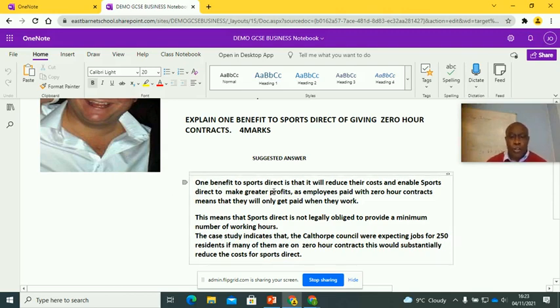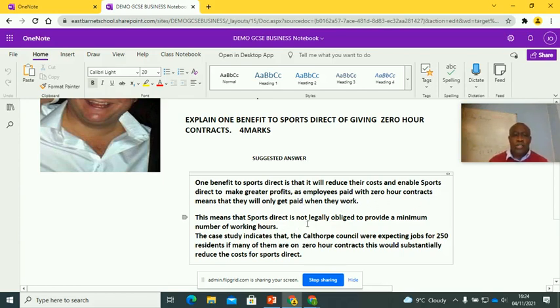One benefit to Sports Direct is that it will reduce their costs and enable Sports Direct to make greater profits. That's the point I'm making. Now I'm going to explain that as employees are paid with 0-hour contracts, it means that they'll only get paid when they work. And what does that mean?